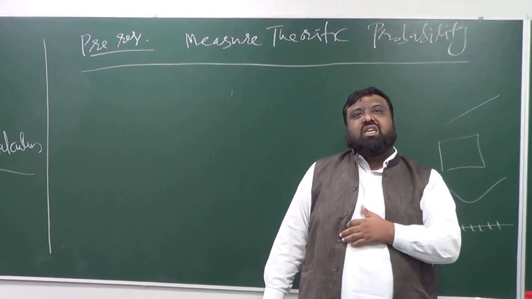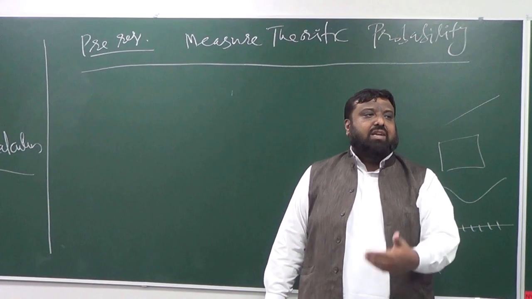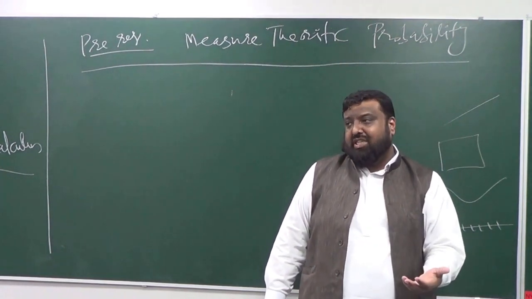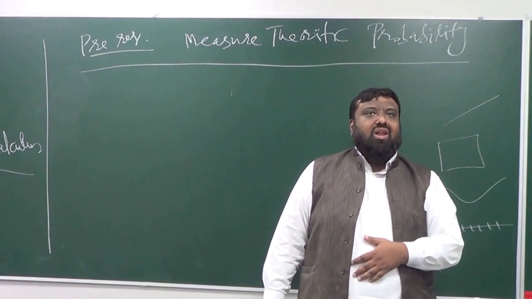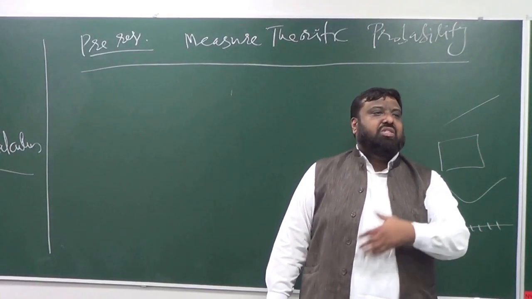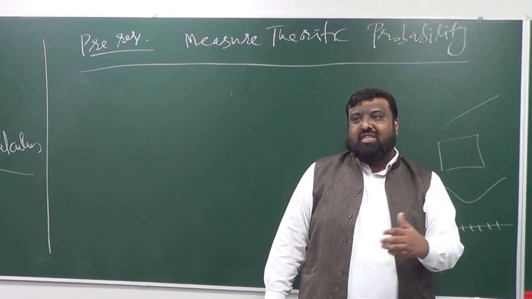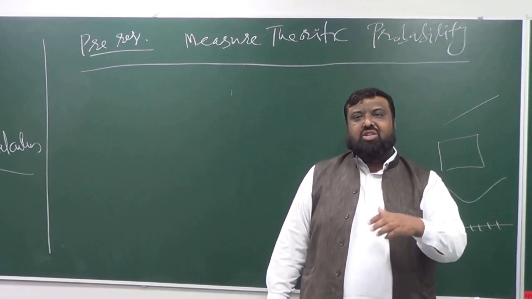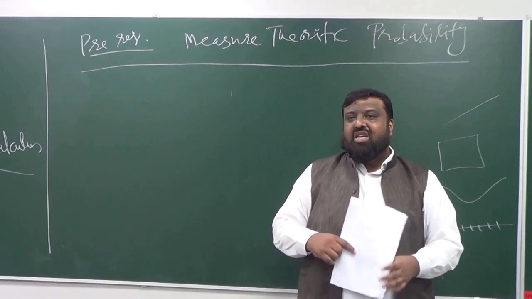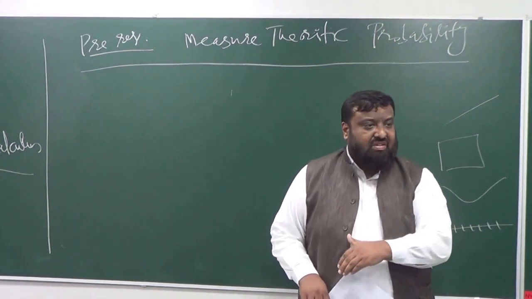And I'm not saying that it's a bad model. These models are very good models. The whole industrial revolution, this technological revolution, has happened because of the Newtonian calculus, this deterministic calculus.